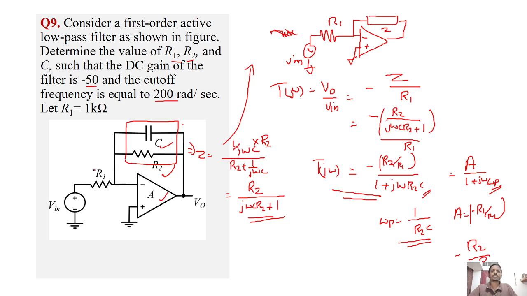Since R1 is given and the DC gain is given as minus 50, we can find R2. We just need to substitute. Similarly, the frequency omega p is given as 200, and with R2 found earlier, we can substitute and find the value of capacitance.